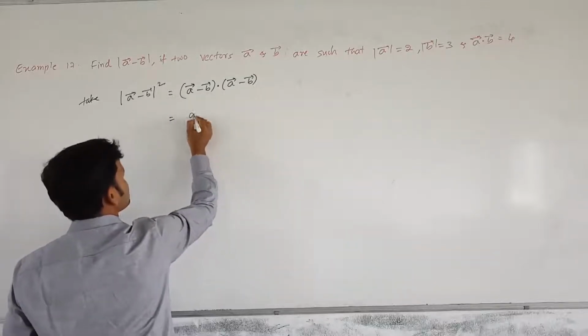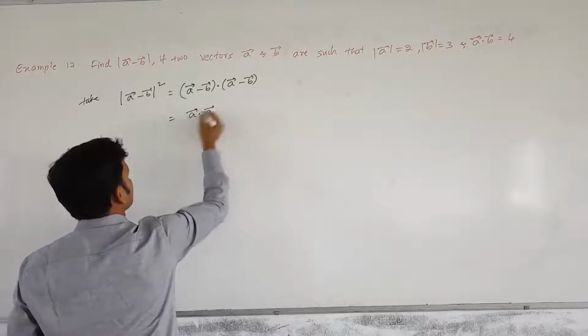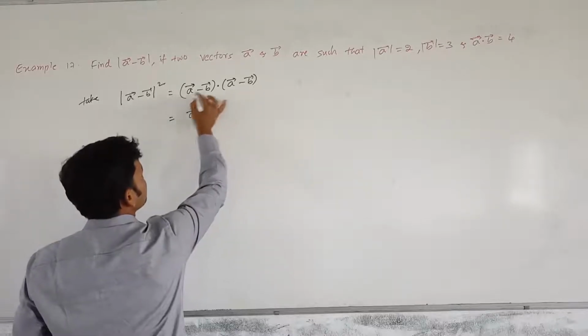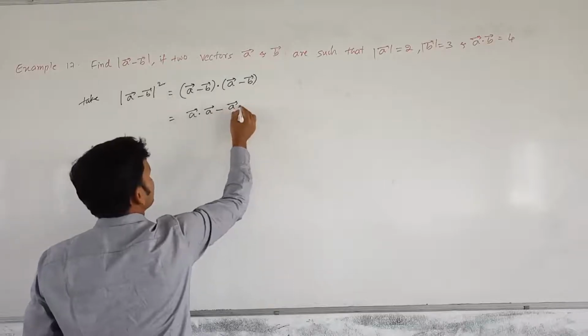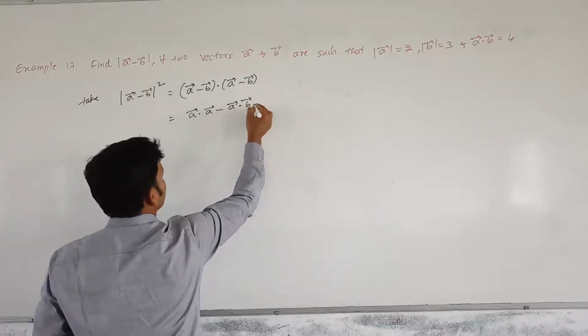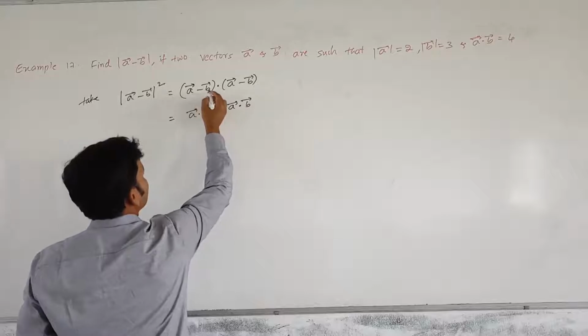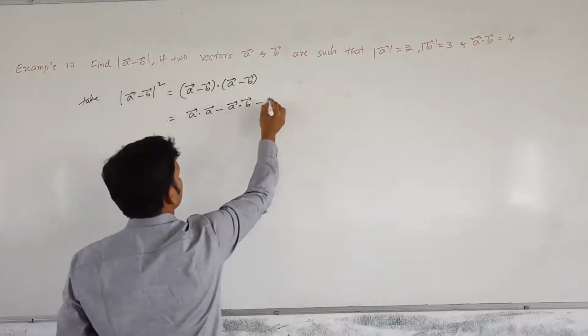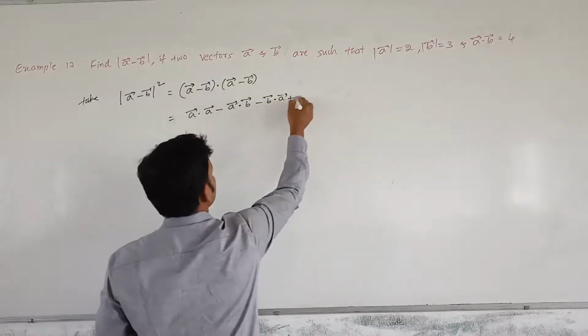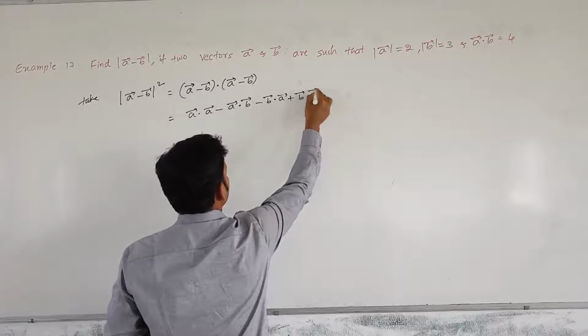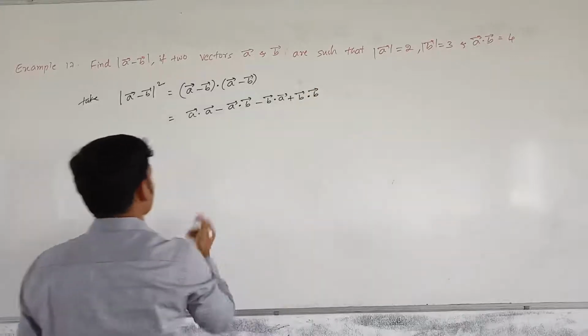A dot A, next A dot with minus B, minus A dot B. Next taking dot product with the vector B, minus B dot A, minus minus plus, vector B dot product with the vector B.